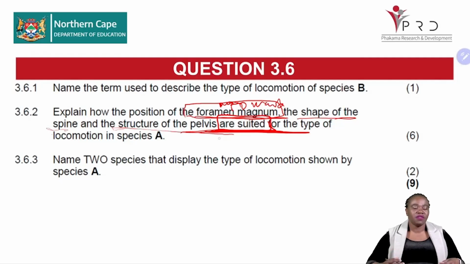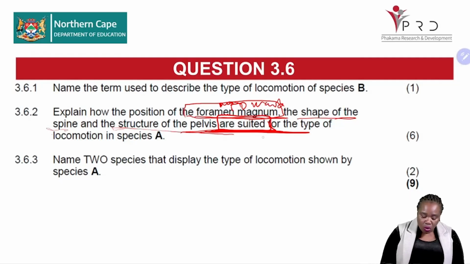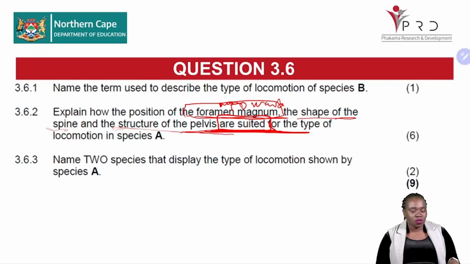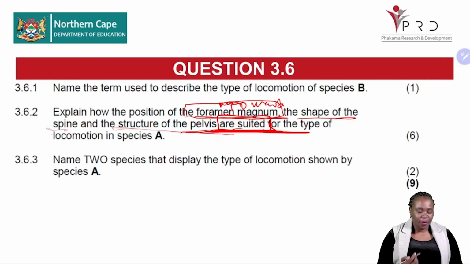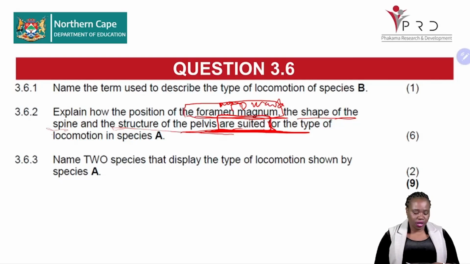That short and wide pelvic girdle is able to carry the upper body to make sure that this organism is now standing upright on two limbs and is able to move around. Whereas when we're talking about quadrupedalism instead of bipedalism, we will then start talking about this organism being able to move around, however, not being able to move around as best as when we are looking at bipedalism. So there you talk about the shape or the structure and how it allows the organism to perform its functions.